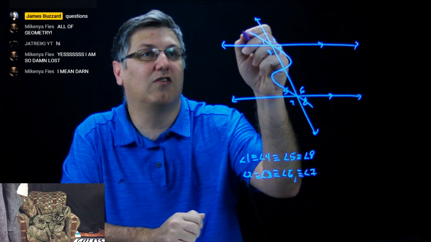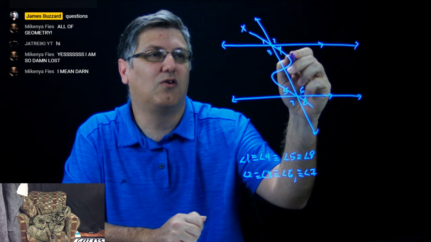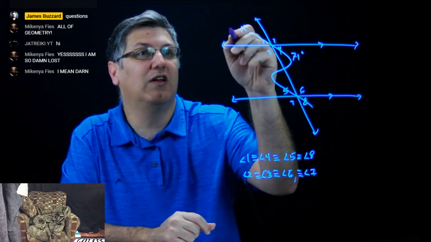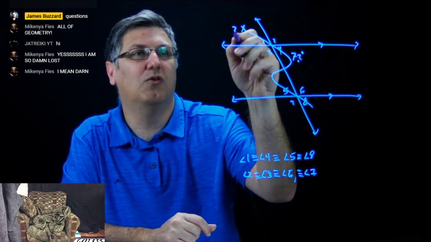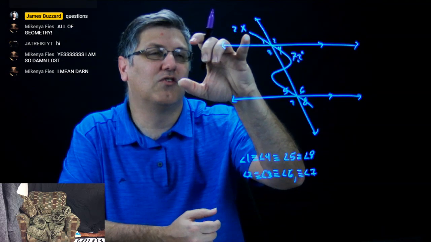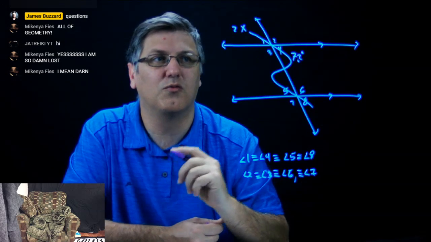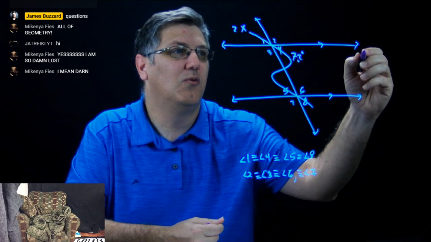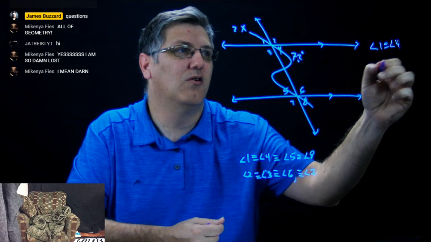Now, congruent leads to an equal sign. So if angle 1 was 2x, and this was 72 degrees, and I wanted to solve for x, we see that angle 1 and angle 4 are vertical angles, so they're congruent.